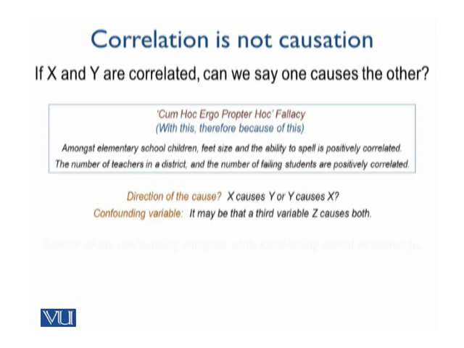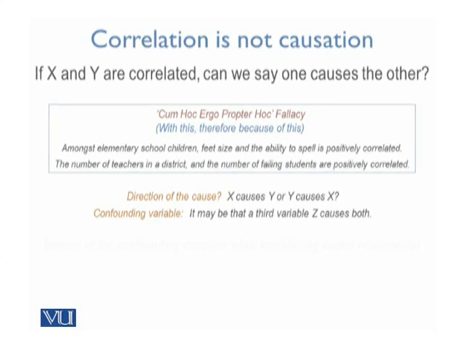The first example is, amongst elementary school children, feet size and the ability to spell are positively correlated. And the second example is, the number of teachers in a district and the number of failing students are positively correlated.